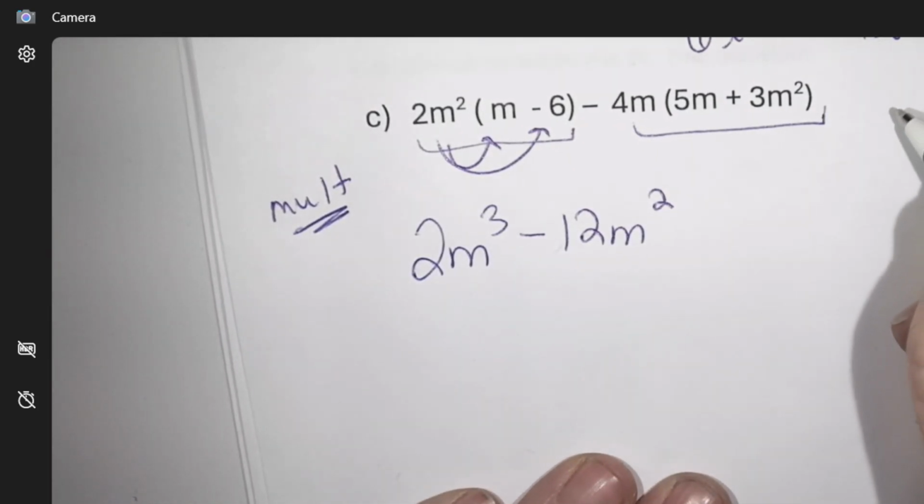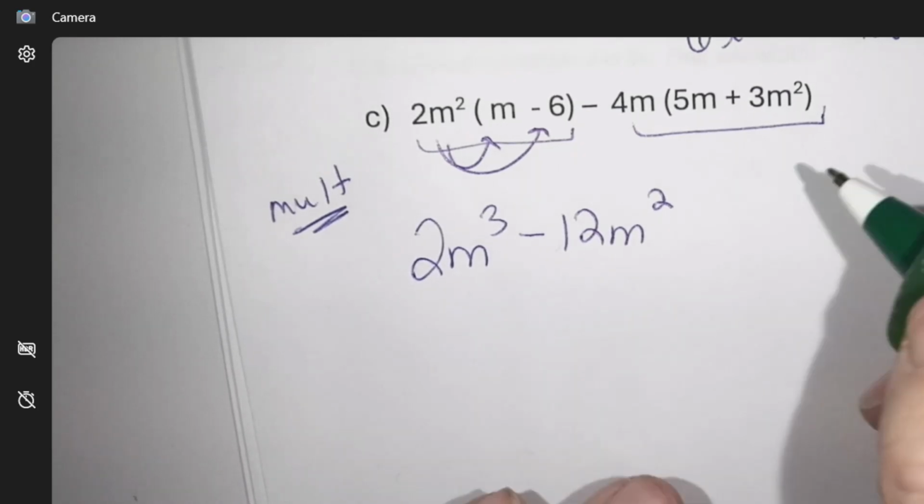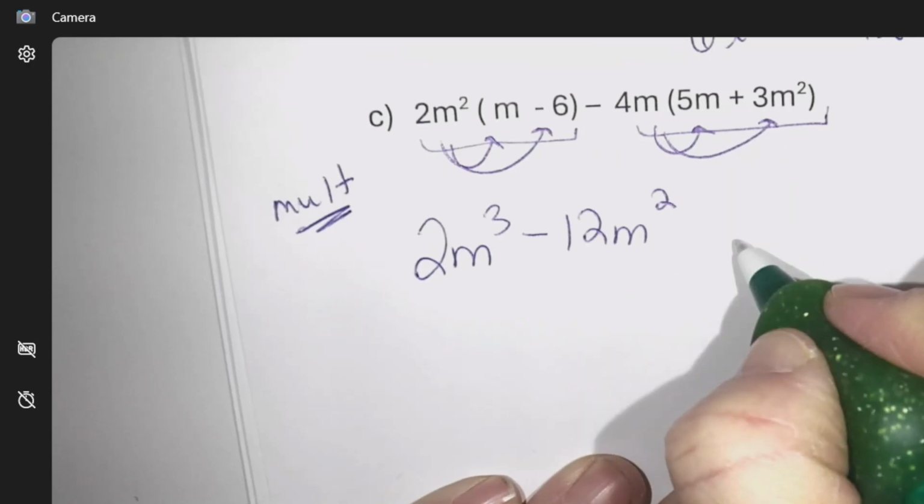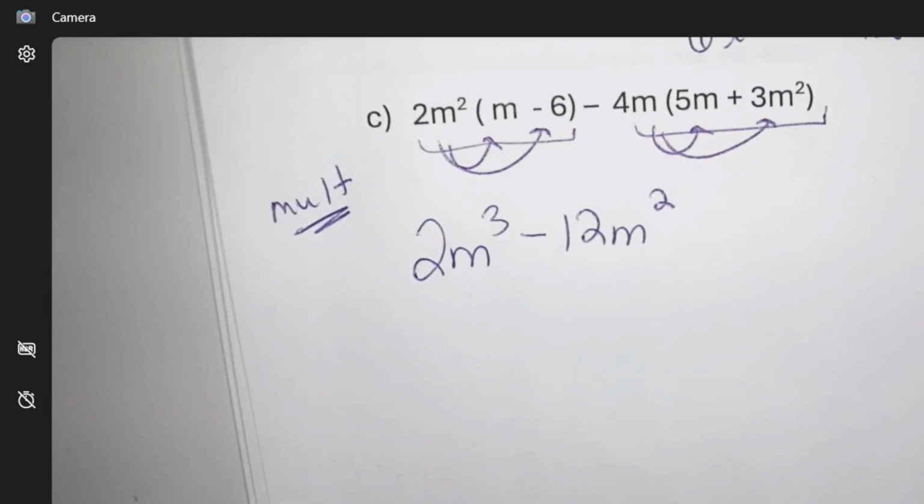Now, this is another multiplication. So you also have to do that. So now, I need you to give me what this multiplies to and what this multiplies to. It's a distribution again.